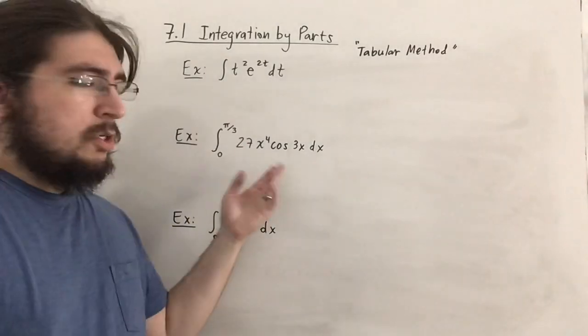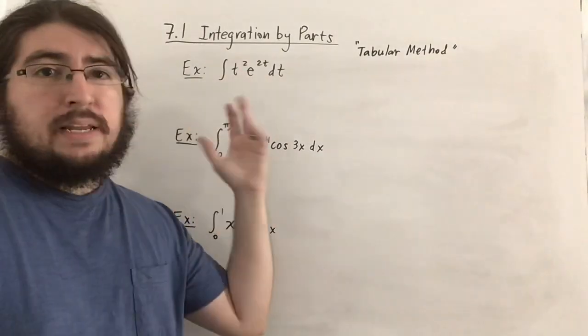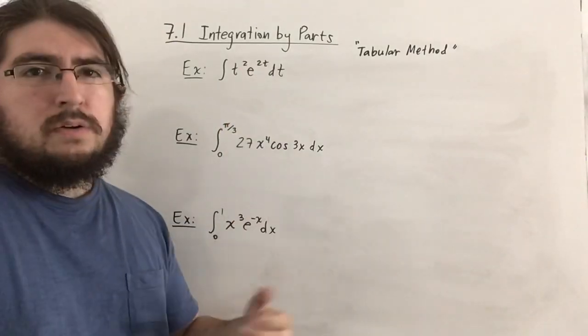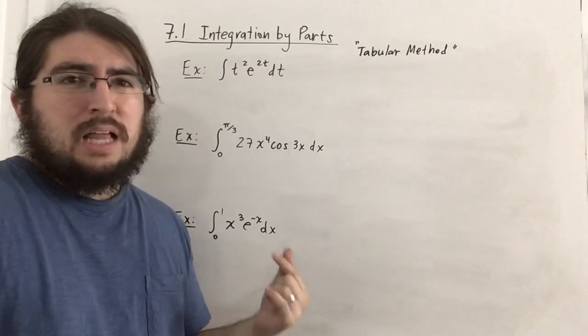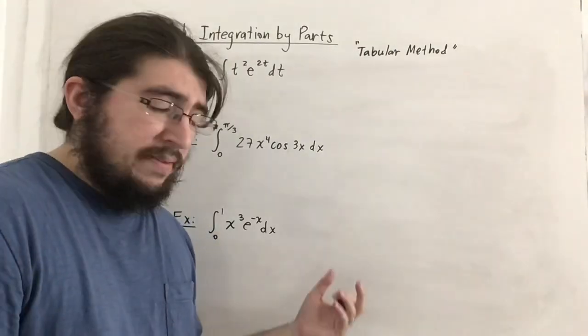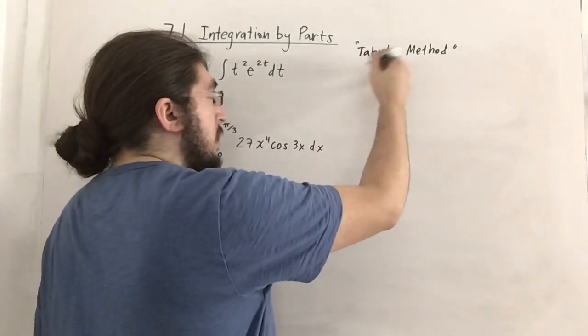And exponentials and trig functions are examples of those. We can take the antiderivative of e to anything all day long, so long as it's of a linear function, similar to a trig function. Something like ln of x, it's hard to take its antiderivative, and its antiderivative is even harder to take the antiderivative of. So let me explain what the tabular method looks like.